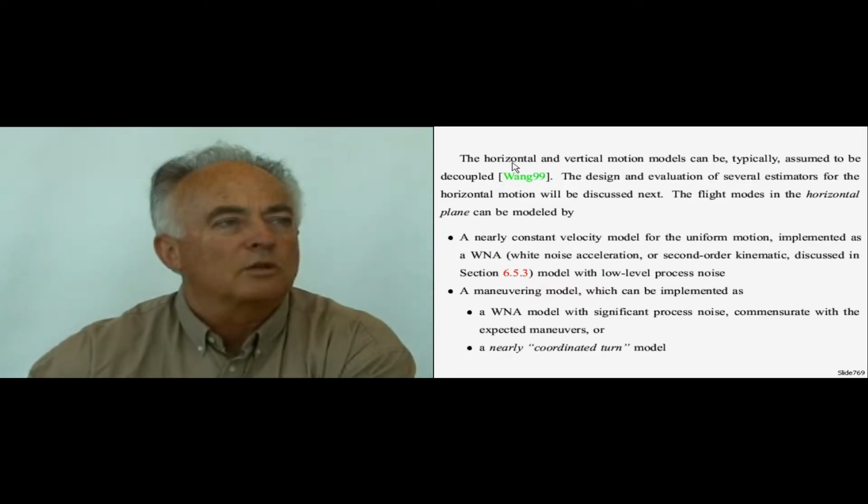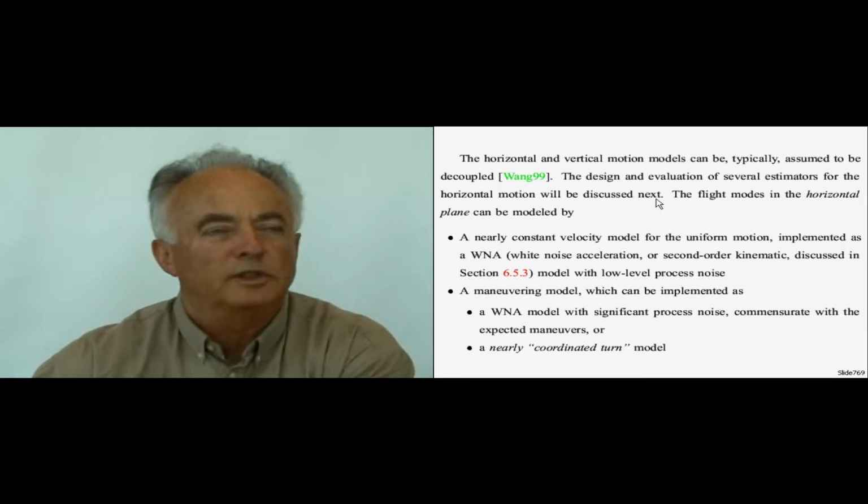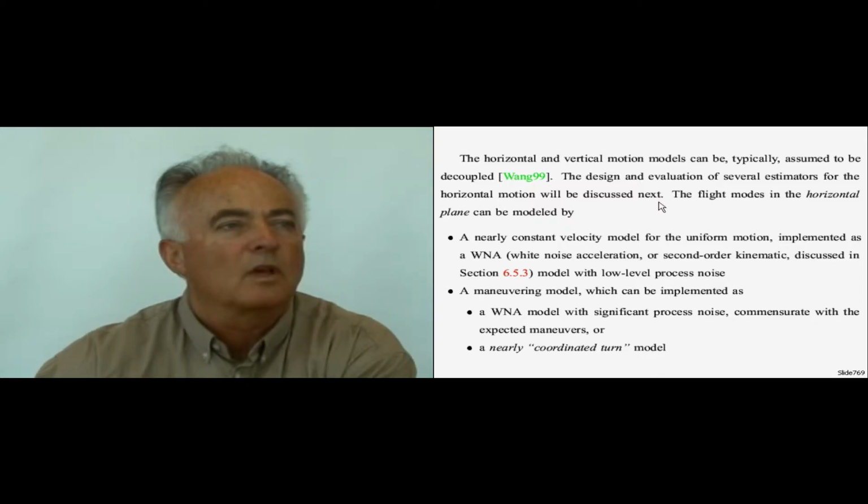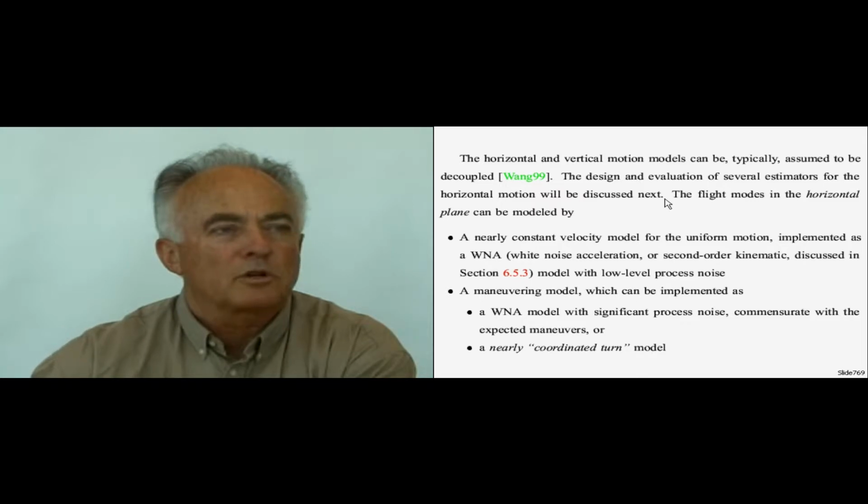It turns out that the horizontal and vertical motion models can be assumed to be decoupled. So the design and evaluation of several estimators for the horizontal motion, which is really the more drastic one because most of the maneuvers take place in the horizontal plane, will be discussed next.